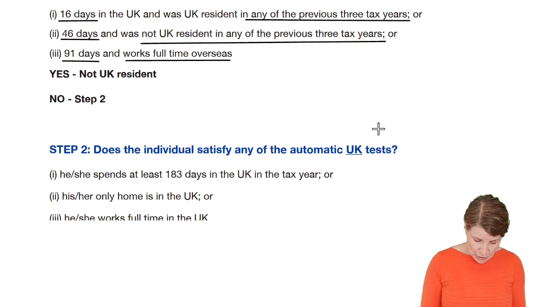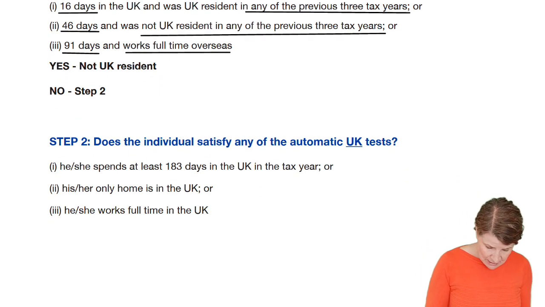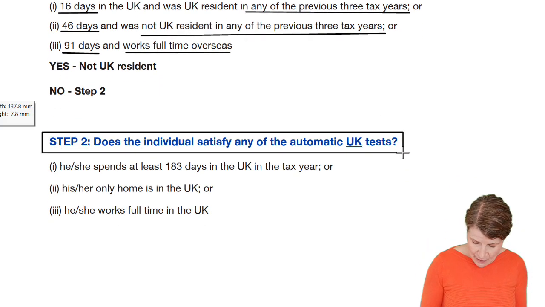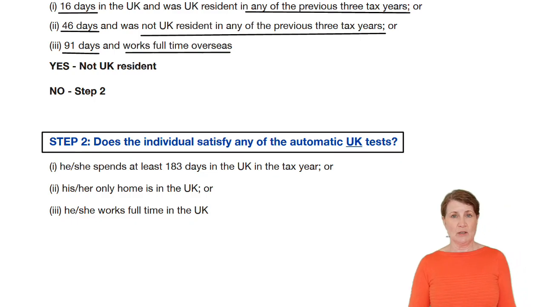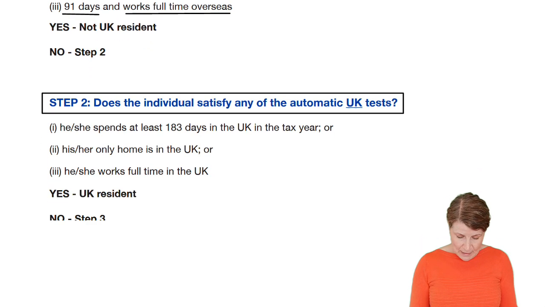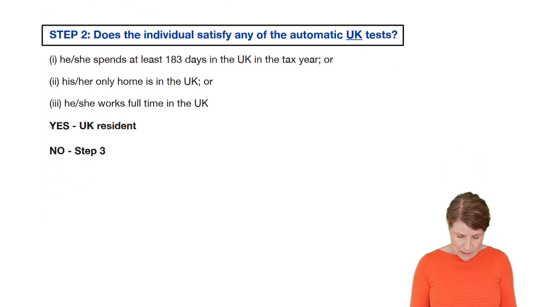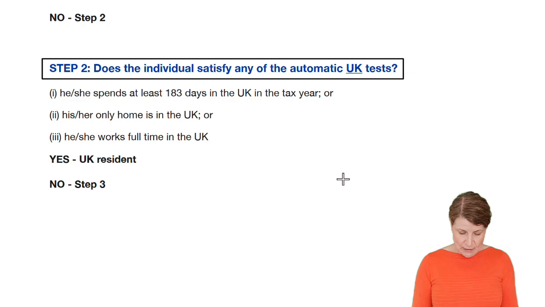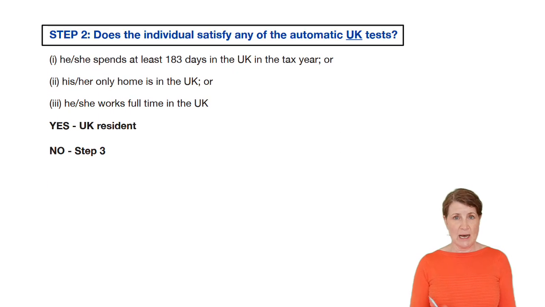So step 2, we say, okay, do you satisfy any of the automatic UK tests? And once again, we need to know about 3 of them. So if you spend at least 183 days, which is half the tax year, in the UK in 2025-26, you are automatically UK resident for that tax year.